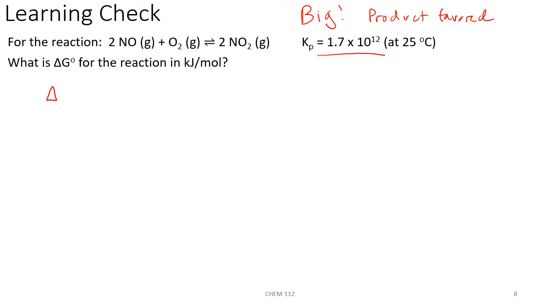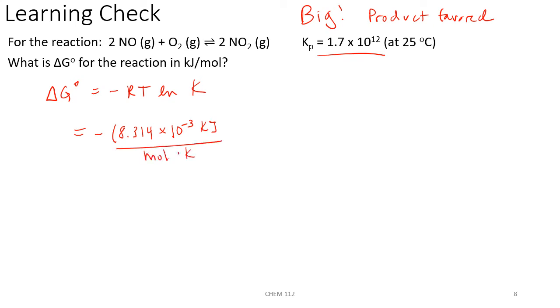So our equation when dealing with the equilibrium constant and delta G is delta G naught equals negative R times T times the ln of K. We simply have to substitute everything into our equation. Our R is going to be 8.314, and I like to convert it into kilojoules, times 10 to the negative third kilojoules per mole times Kelvin.